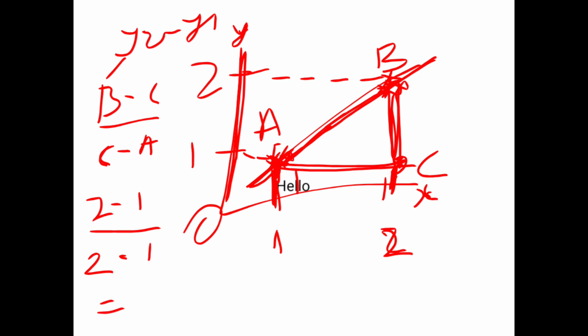Okay, so you solve for it. So you're gonna get 1 over 1. So that is gonna be your slope. So you can use the y2 minus y1 method.